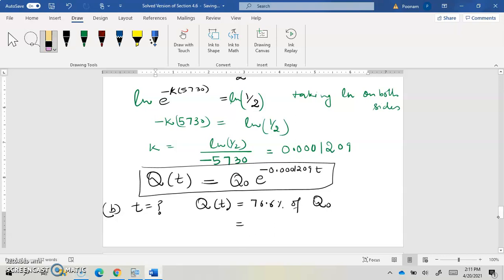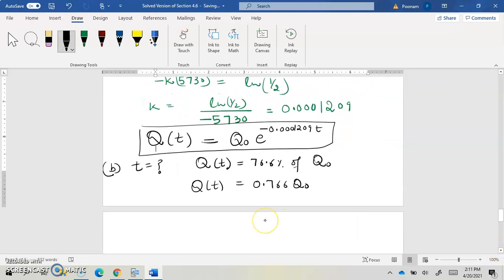That means Q(t) is equal to 0.766 times Q naught. We figured that the Q(t) function is already Q naught times e raised to power negative 0.00012009 times t, which we now know is equal to this.